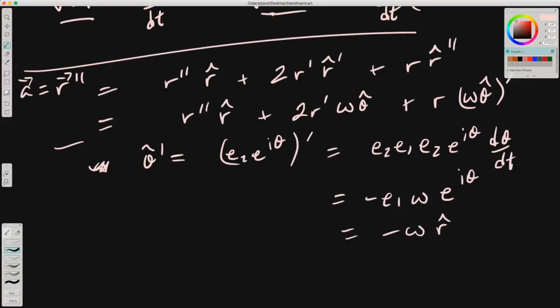So the acceleration has an inward radial component, the centrifugal force, if you'd like to call it that, and it's directed with magnitude omega. Let's plug everything back in.